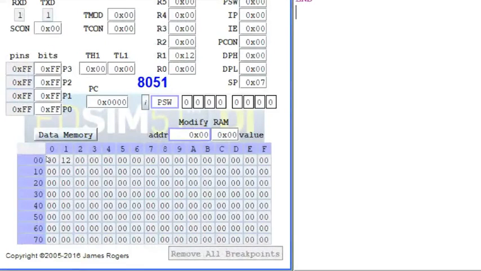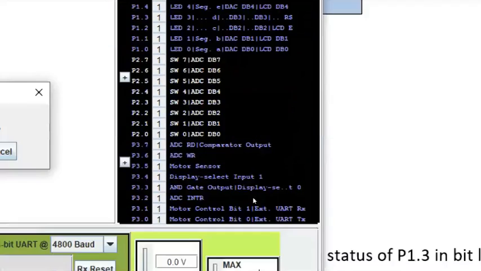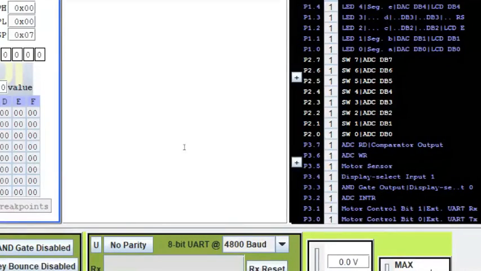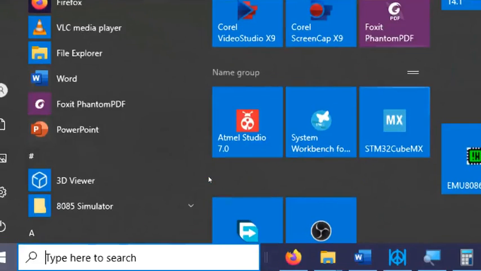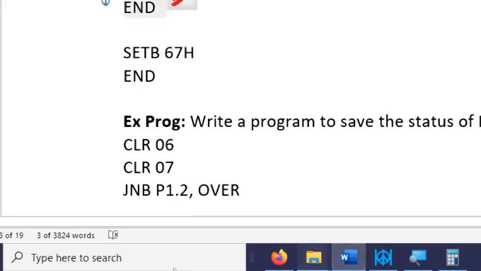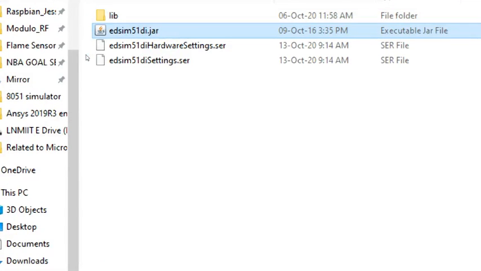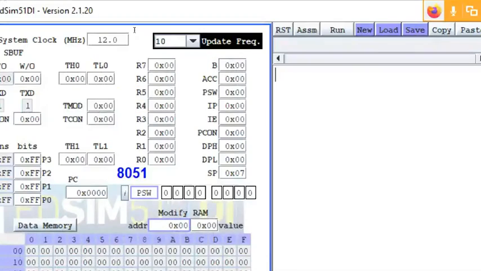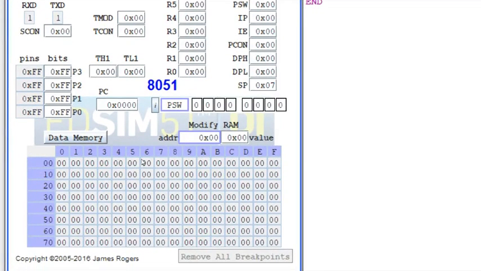Data memory has got some garbage value, so I will close this program so that there is no garbage value in the data memory. Now you can see all the registers in the data memory 00 to 7F are 0.